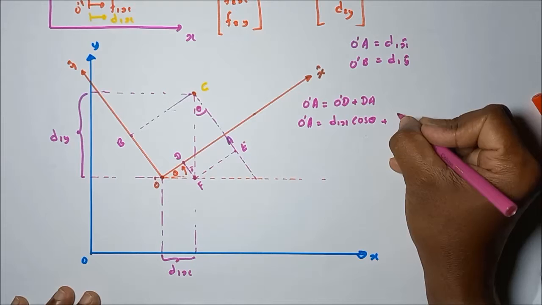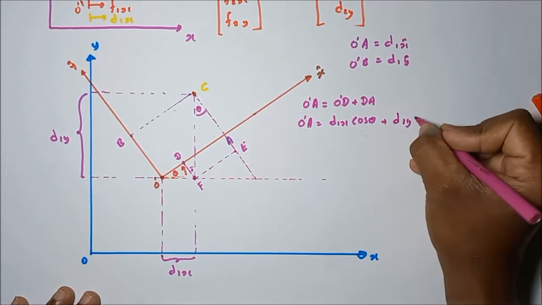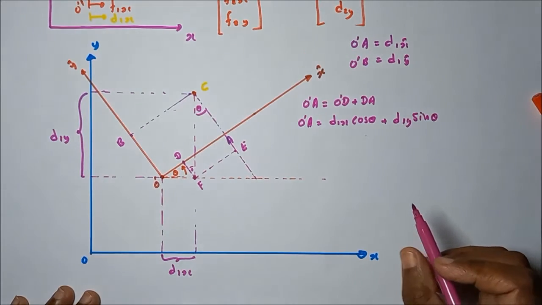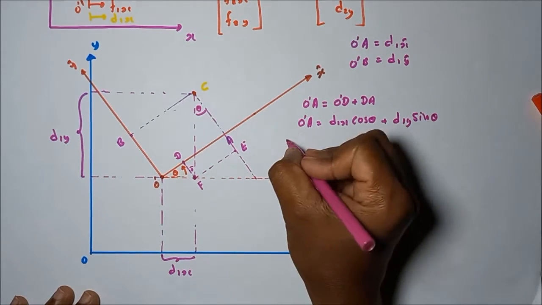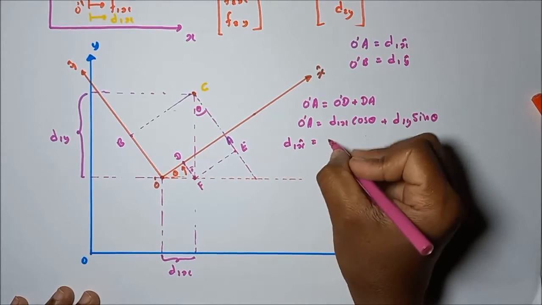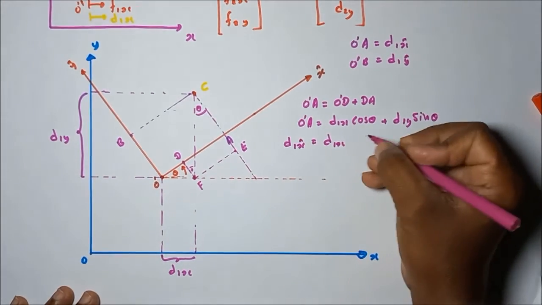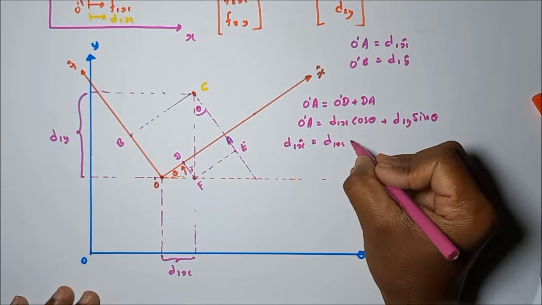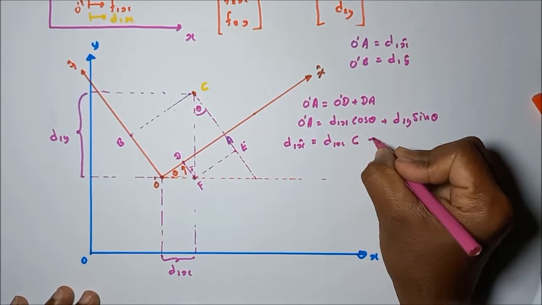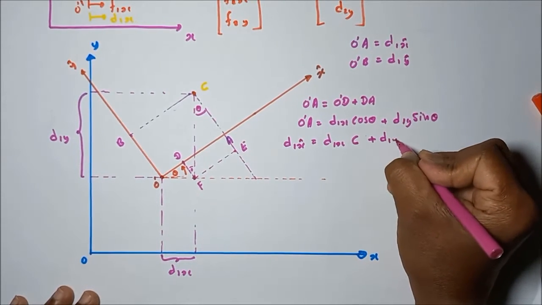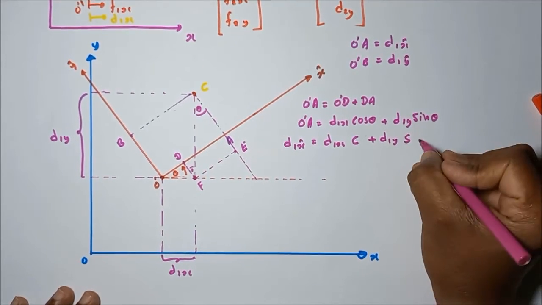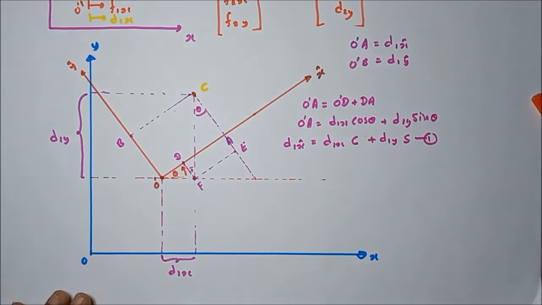So O dash A is equal to d1 x hat, which is d1x cos theta plus d1y sin theta. For cos theta I am going to use the letter C, and for sin theta I am going to use S. Let's take this as equation 1.